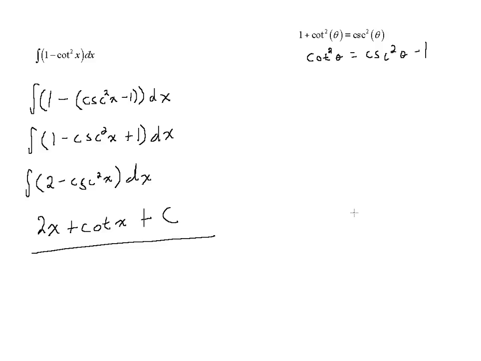I'm trying to think, is there another way you might want to do that? I guess you could add 1 and subtract 1. Would you get the same thing though? I don't know if you're really wanting to do that. You could add 1 and subtract 1 from this expression, and then put in your cosecant squared of x. You would still end up with the same thing. I don't know that that's any better, but I'll do it anyway.